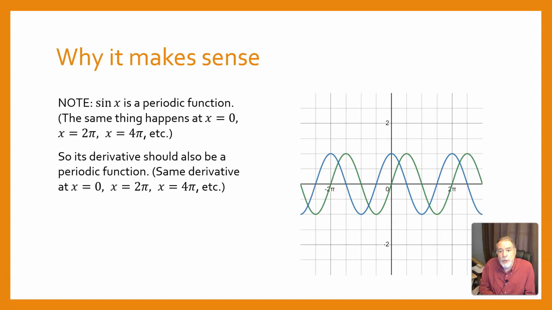It should have the same derivative when x is 0 as it has when x is 2 pi, or 4 pi, or 6 pi. Now that doesn't tell us exactly what periodic function the derivative ought to be, but it does make sense that it would be a periodic function like the cosine of x.